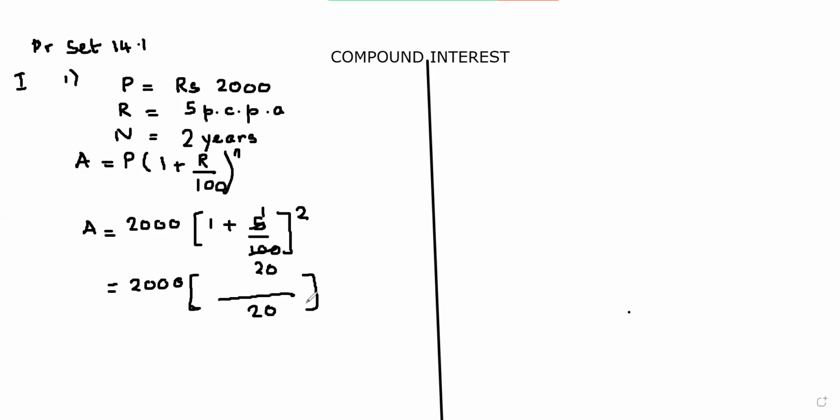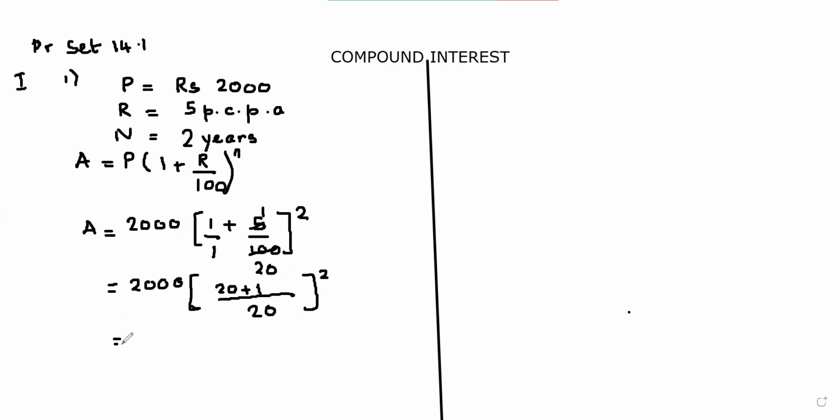This is raised to the power of 2. 20 plus 1. How did I get 20 plus 1? 1 into 20, 20, upon 1, plus 1 into 1, 1.